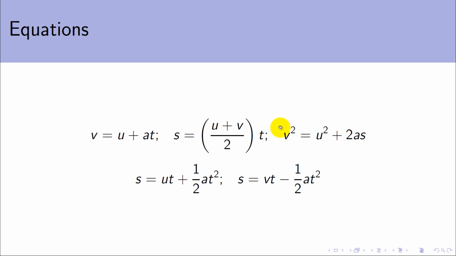This one you can get from some funky maths, and these two are a bit more complex. We might look at some graphs and how we can use graphs to help us calculate these ones later. Once you've done a bit of calculus, these bottom two fall out quite nicely as well. And once we get on to kinetic and gravitational potential energy, there's a really nice way to derive this one over here too.